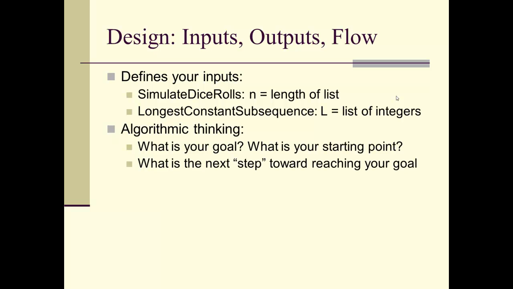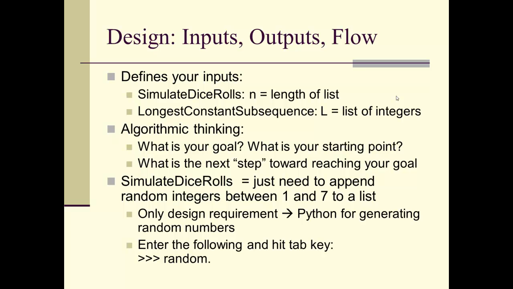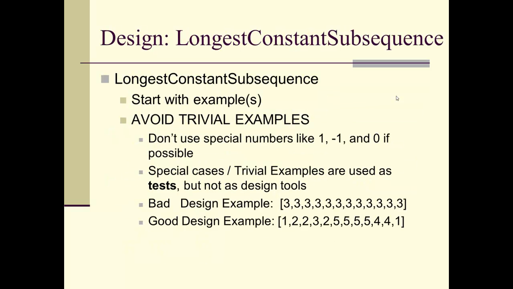And most importantly, what is the next step toward reaching that goal? So for simulate dice rolls, we just need to create an empty list and then append random integers between 1 and 7 to that list. The only design requirement we have for this task is we're going to need to know the Python syntax for generating random numbers, which we'll see later.